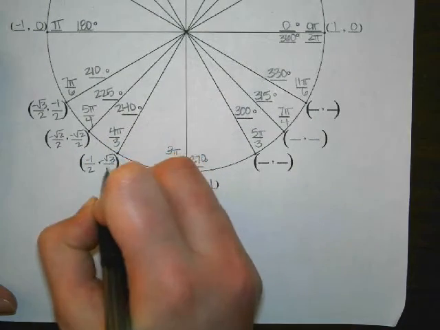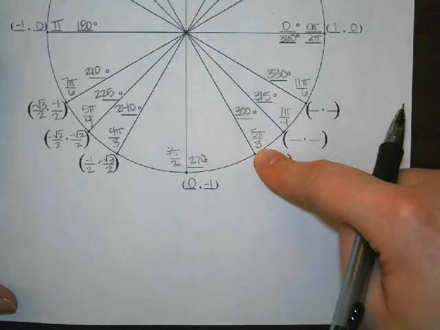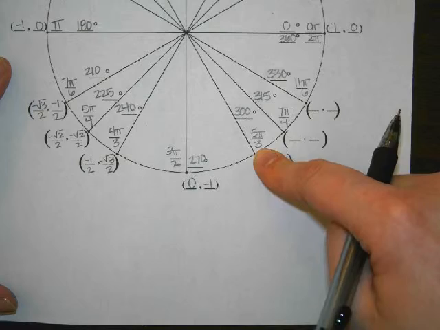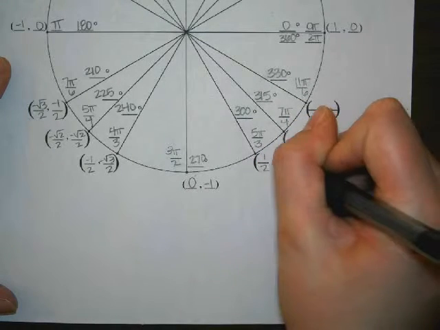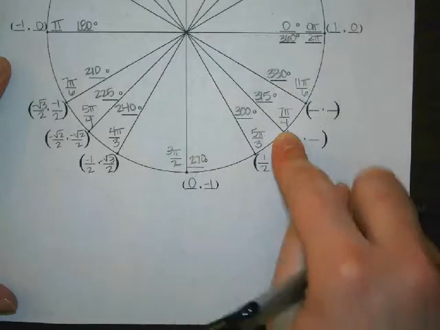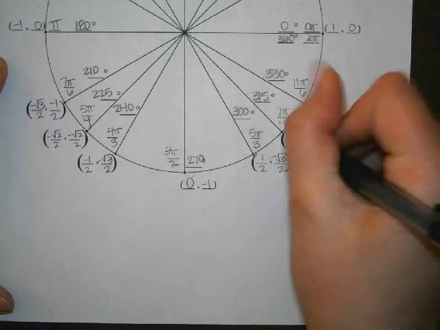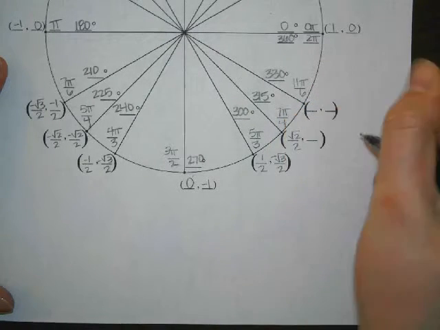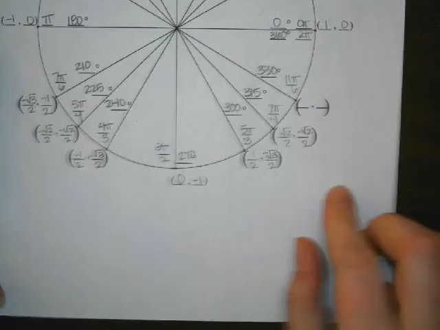Negative root 3 over 2, okay. Right a little bit, down a lot. 1/2, negative root 3 over 2. Right and down the same amount. Root 2 over 2, negative root 2 over 2, and then what's the last one?